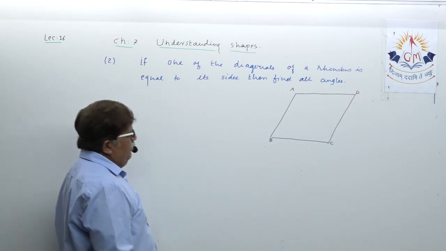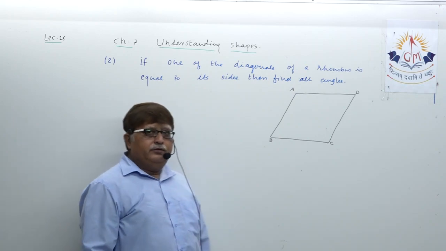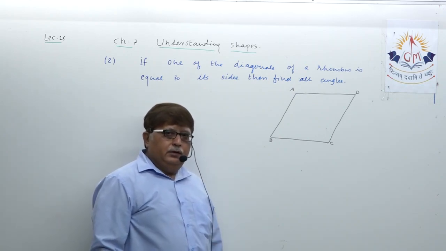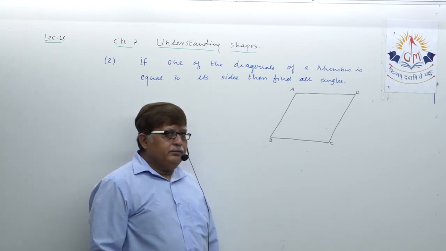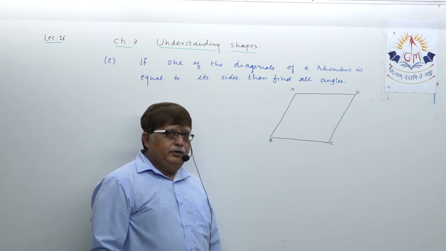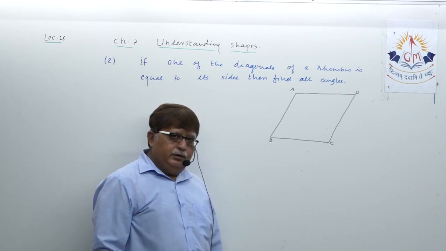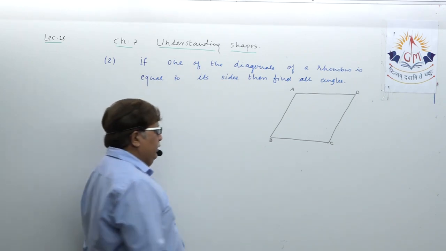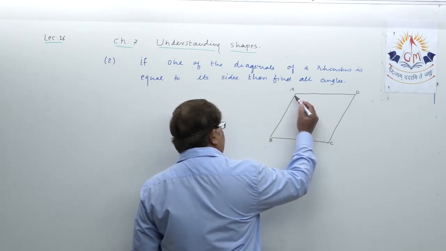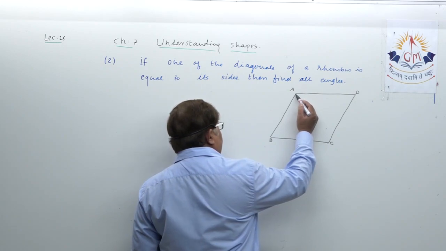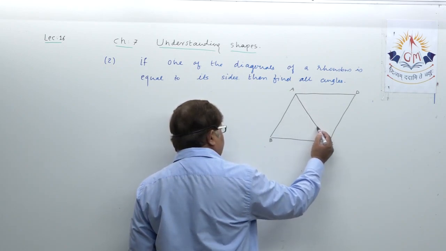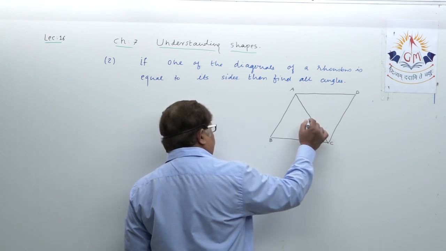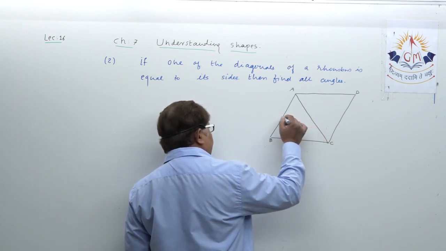Now dear student, try to understand the data. What they have given: one of the diagonals is equal to its side. Suppose I draw diagonal AC, it is equal to its side.